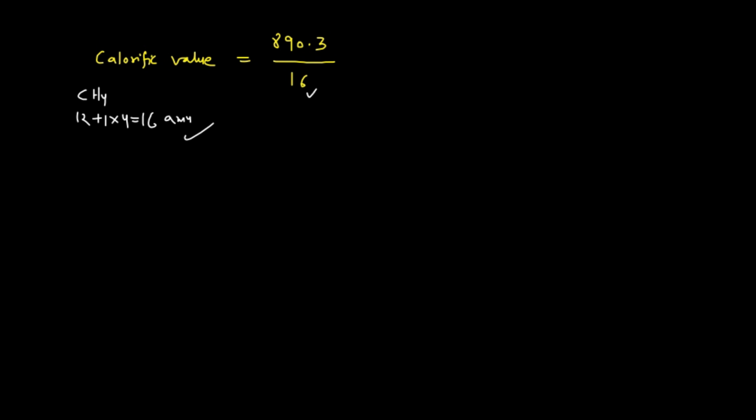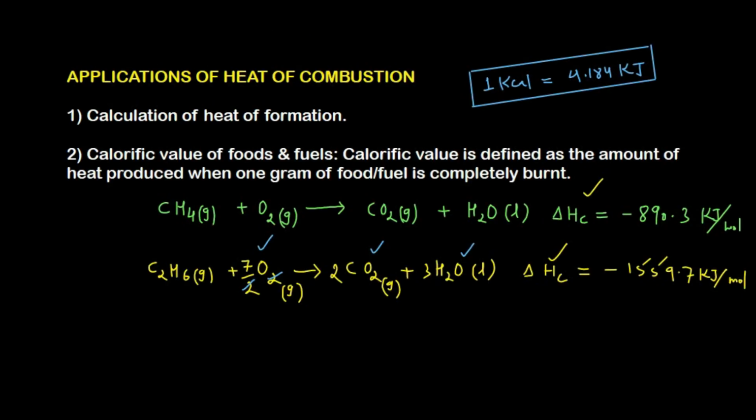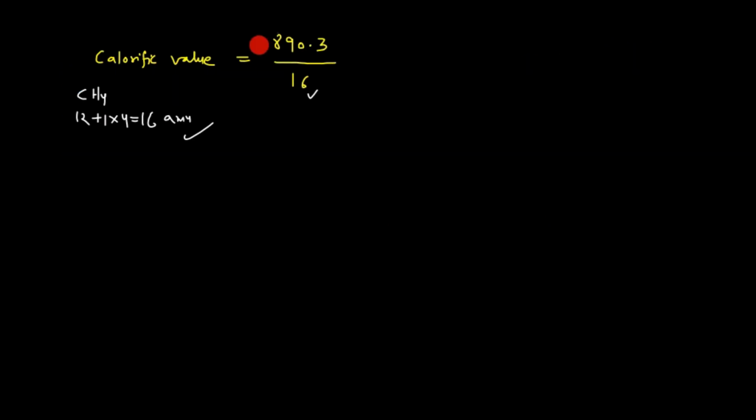But the very important thing you are noticing here is that earlier you had this negative sign, and here I have omitted that negative sign. Why? Because calorific value cannot have a negative value. The calorific value is always positive, and it is only the convention of exothermic reactions where you take the negative sign along with the enthalpy change for heat of combustion.